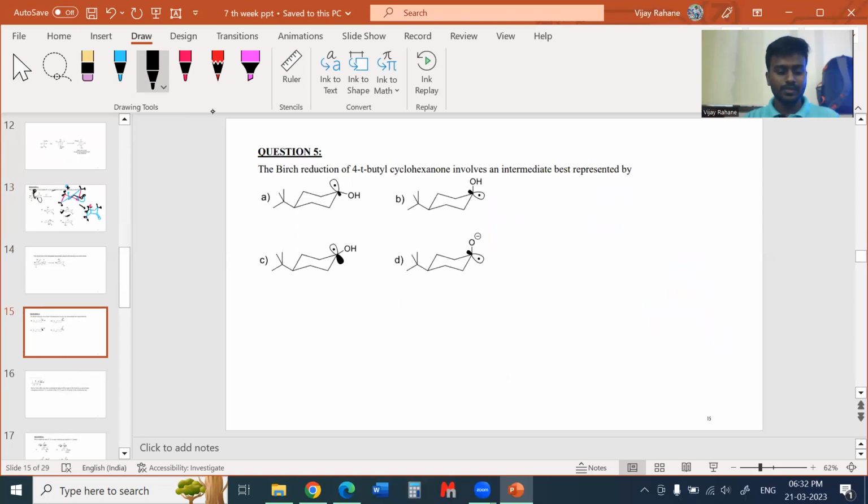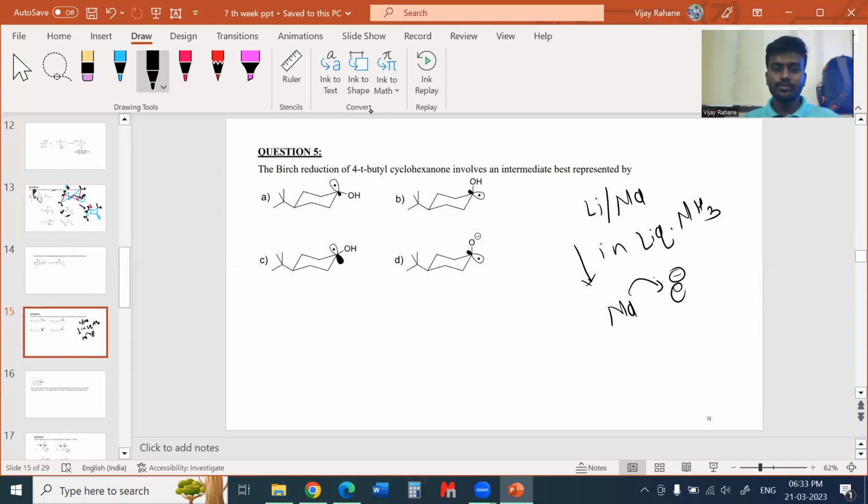In the next question they have given the Birch reduction reaction of 4-tert-butyl cyclohexanone, which involves an intermediate represented by. So what are the conditions of the Birch reduction? Birch reduction uses lithium or sodium in liquid ammonia. With this reaction, the metal, let's say sodium, gives one electron.